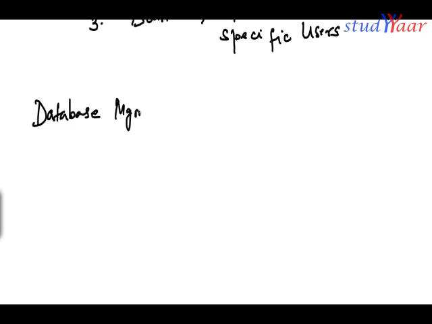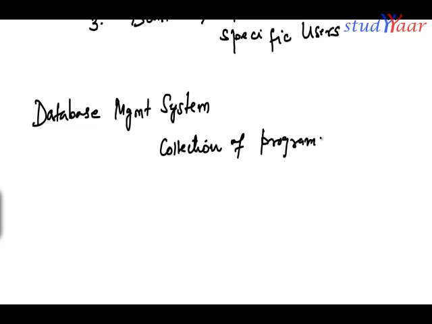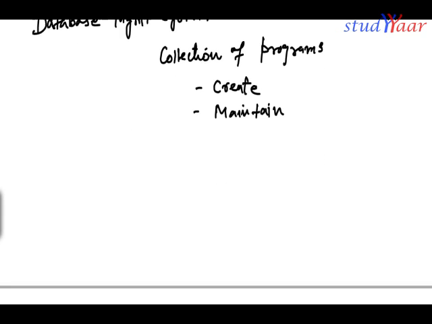And now let's look at what a database management system is. Okay, database management system. A database management system is a collection of programs that allows me to create and maintain my database.